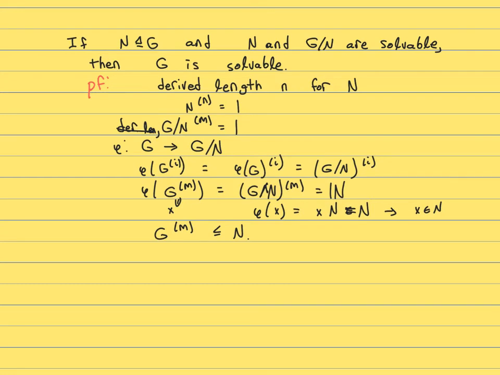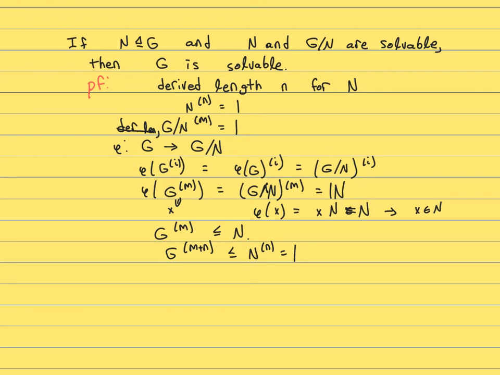Oh, but if you take the nth derived subgroup of N, you get 1. So if we go to the m plus nth derived subgroup, then we're going to get what we want.